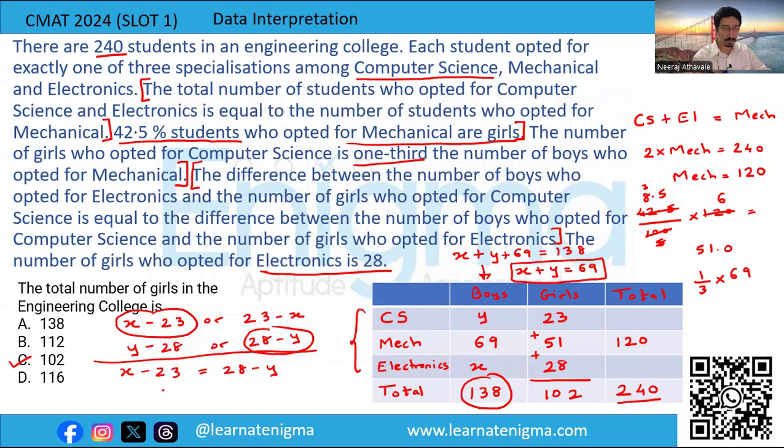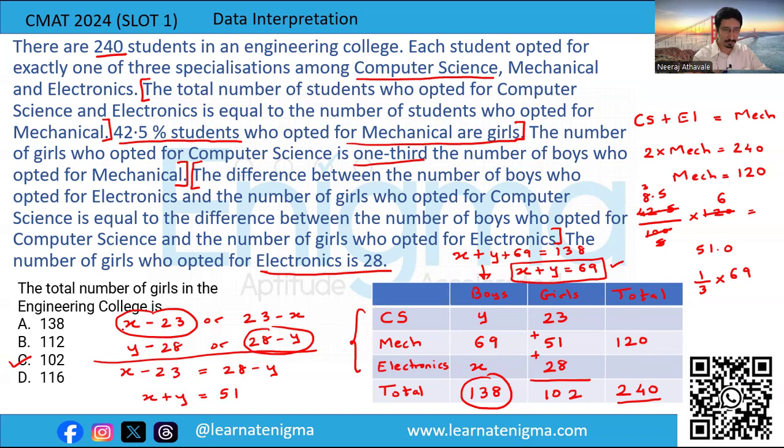Now minus y goes on the other side, it becomes x plus y, and 23 comes over here, that gives us 51. But this cannot be possible because we already have x plus y equal to 69. So this is not possible. So x minus 23 cannot be in combination with 28 minus y.